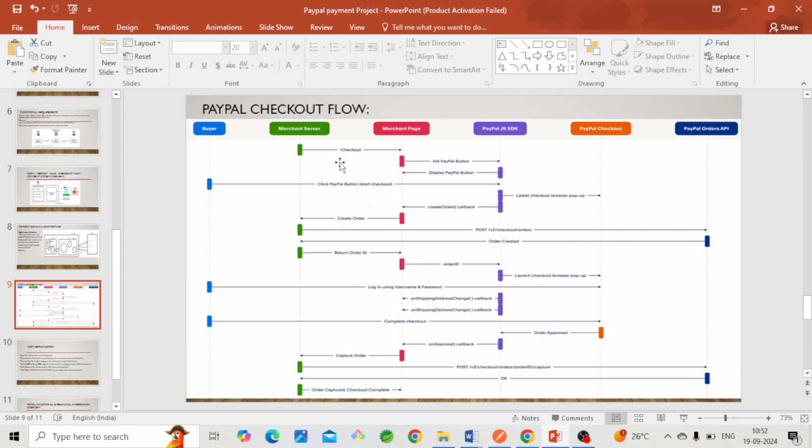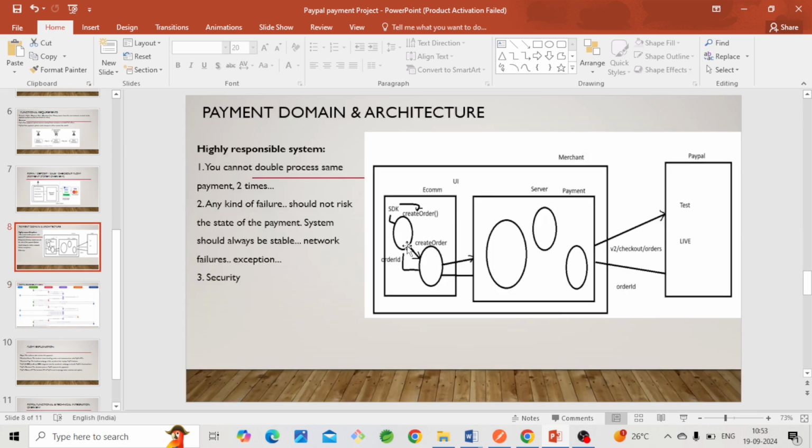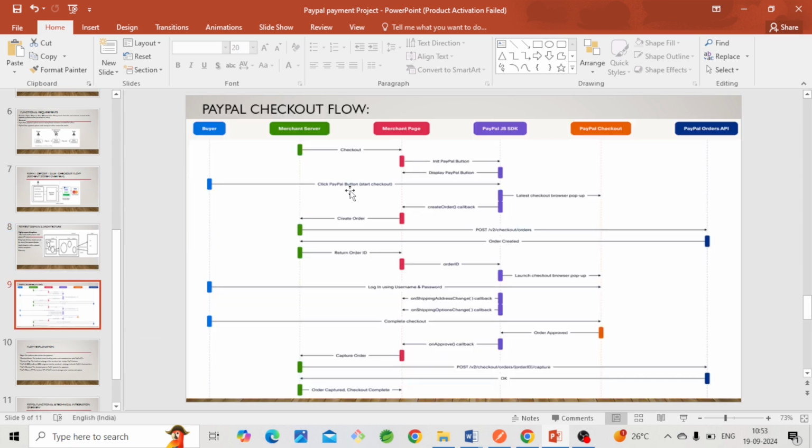Then the request goes to the backend server of the e-commerce page. If you observe in this diagram, after clicking the PayPal button and starting the checkout, the request goes to the merchant server, that is the backend server of the e-commerce.